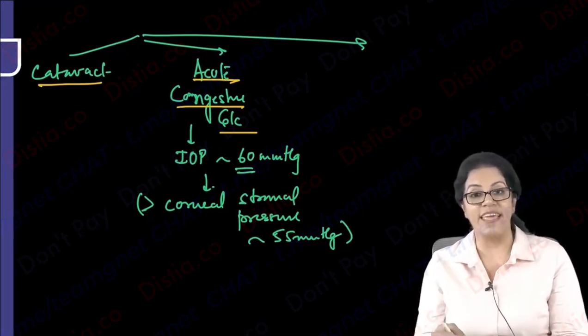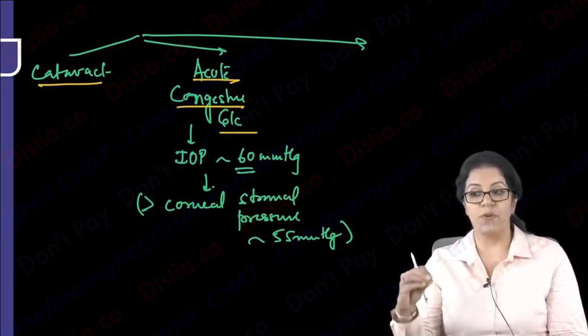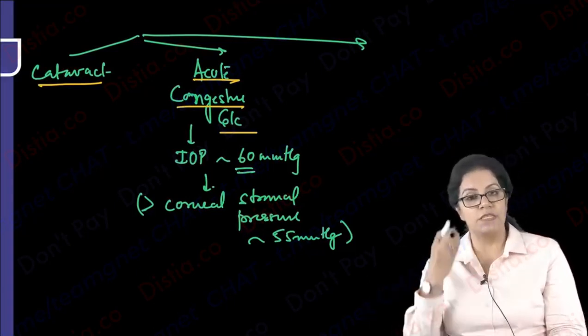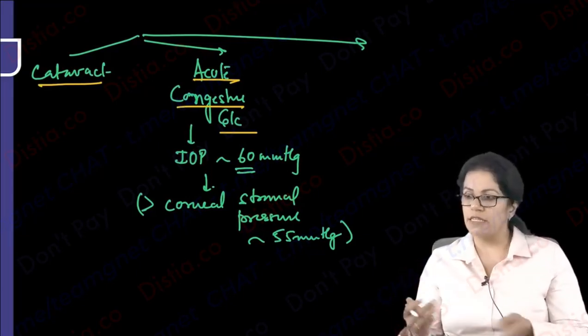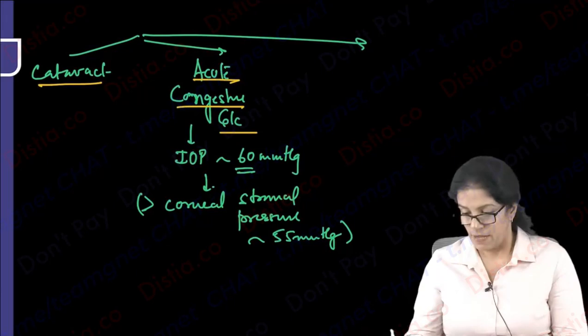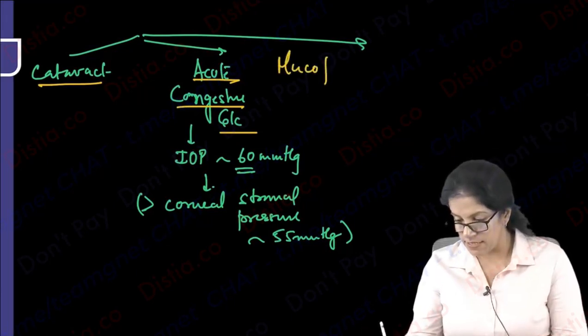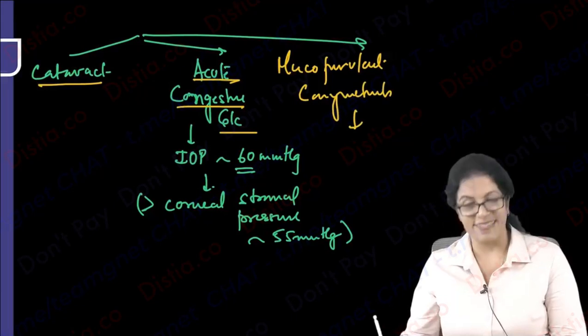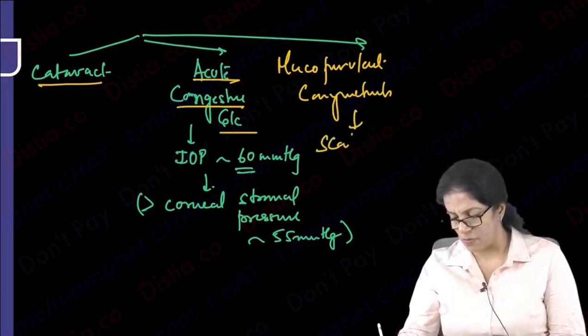We have to specify. It is mucopurulent conjunctivitis or purulent conjunctivitis. Why? Because if it's a watery discharge, it is not causing diffraction of light. But when it is a mucopurulent conjunctivitis, this is leading to diffraction, or you can say scattering to be more accurate.